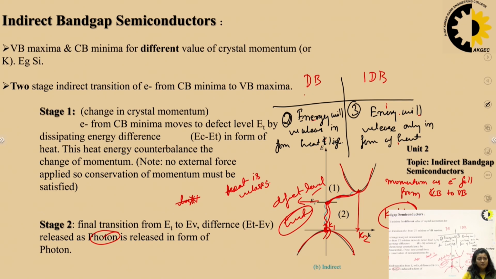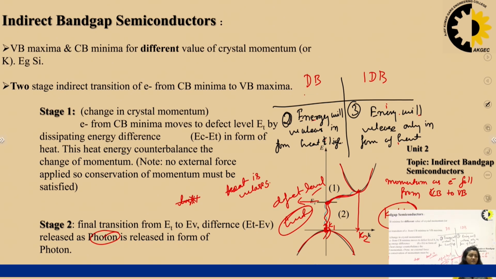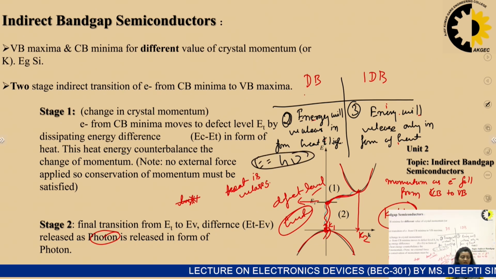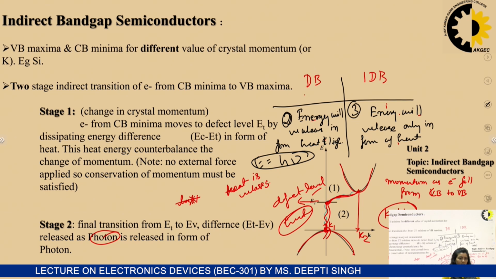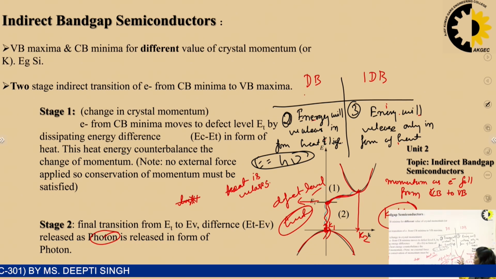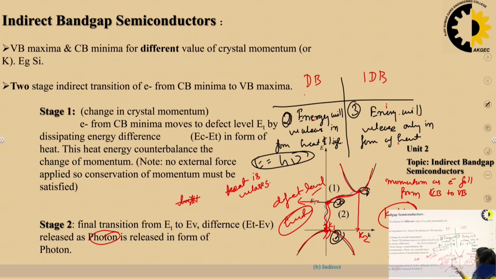Some energy is released as the electrons fall from the conduction band to the valence band, but for a photon of a given wavelength the energy should be equal to h nu. That is not the case in the indirect band gap, so the energy will not reach that mark, and it is released in the form of heat, because there are too many transitions from one position to another and finally to this position.